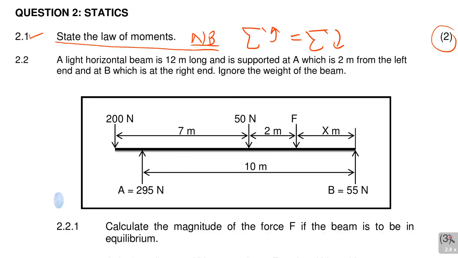The law of moments says the sum of clockwise moments about a fulcrum is equal to the sum of anti-clockwise moments about a fulcrum.